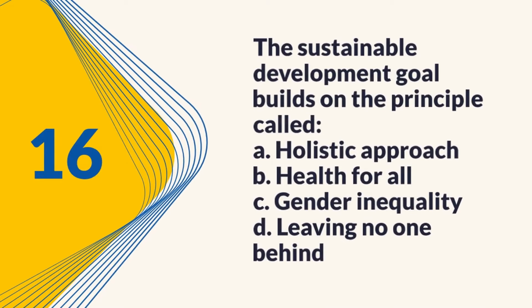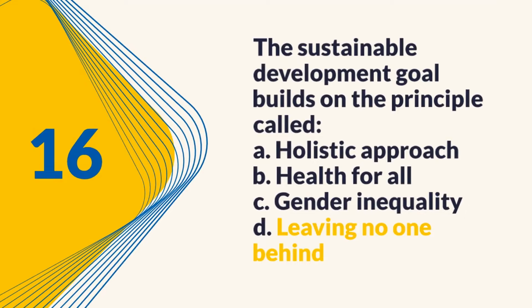16. The Sustainable Development Goal builds on the principle called A, holistic approach, B, health for all, C, gender inequality, D, leaving no one behind. Answer is D, leaving no one behind. The Sustainable Development Goals aim to ensure that everyone, especially the most vulnerable, benefits from progress.